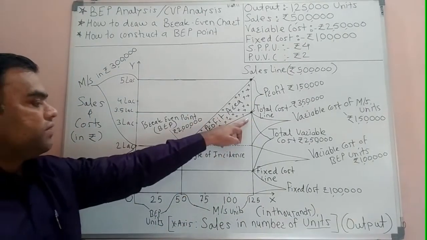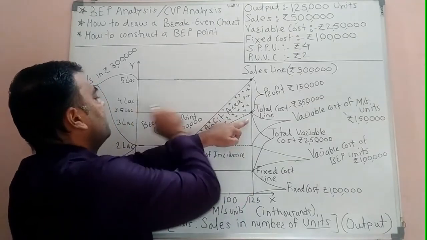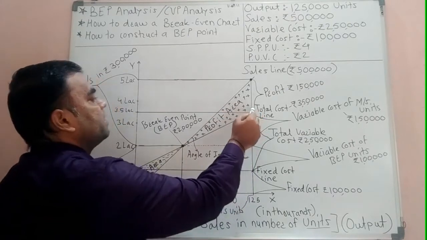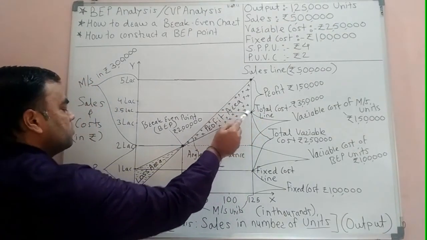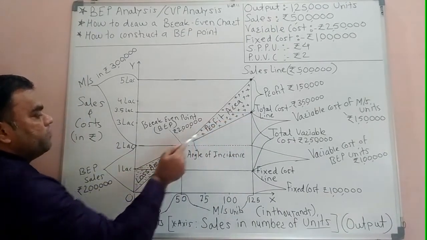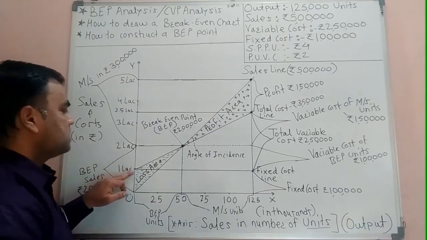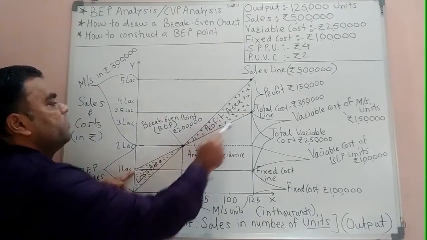When we join the cost of 1,25,000 units, which is 3,50,000, we get the total cost point, and that total cost point we join to the fixed cost point on the fixed cost line.